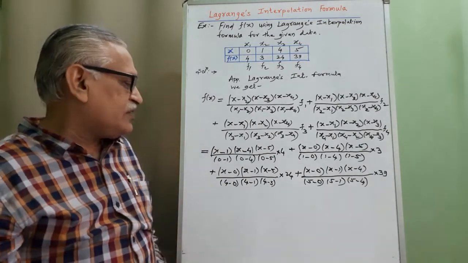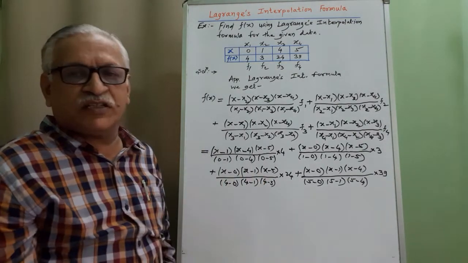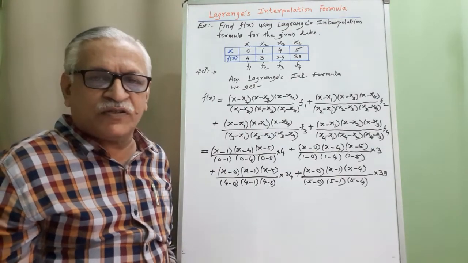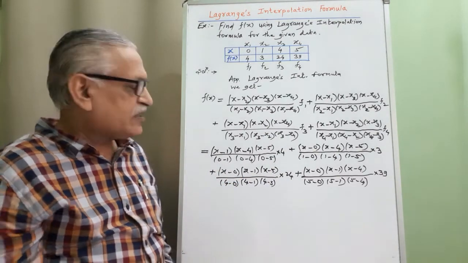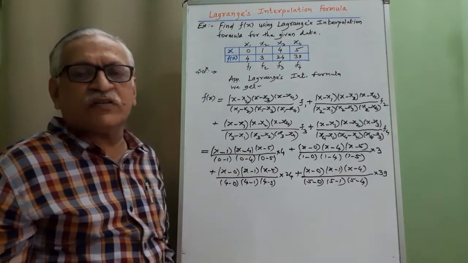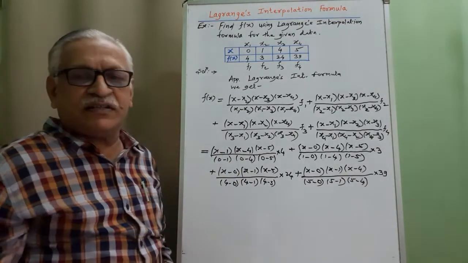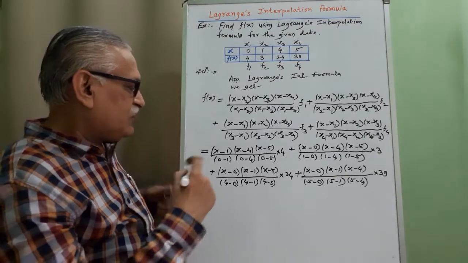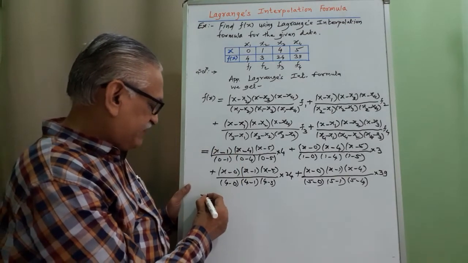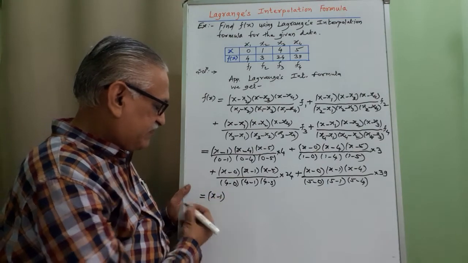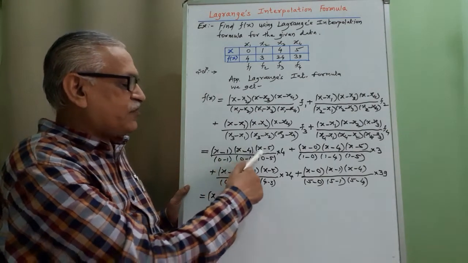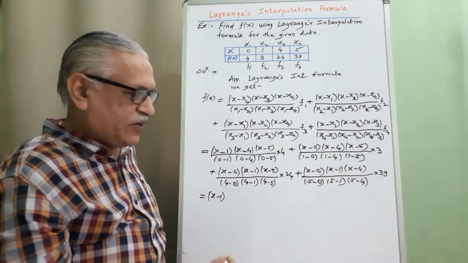Then the next step is the multiplication of the 3 terms. Directly it is not possible to multiply 3 terms. Therefore we take the multiplication of any 2 terms and then multiply by the remaining term. Therefore I will rewrite this, keeping x minus 1 as it is, then taking the product of x minus 4 into x minus 5.